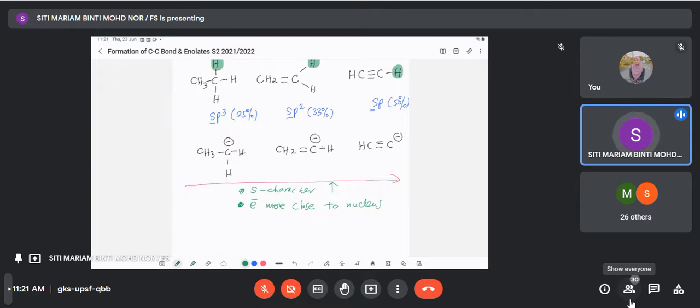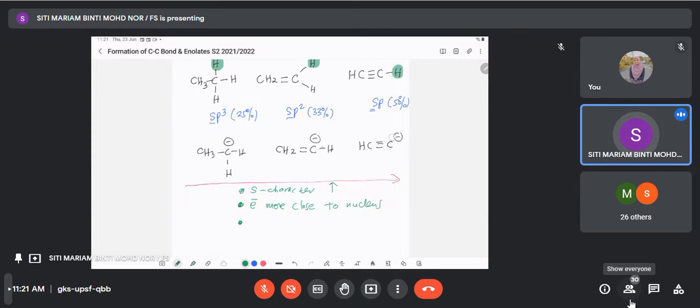So that's why you have S character. It makes the electron more close to your nucleus. Meaning, when your electron is more close to the nucleus, your carbanion will stabilize. Because your carbanion here has a negative charge.